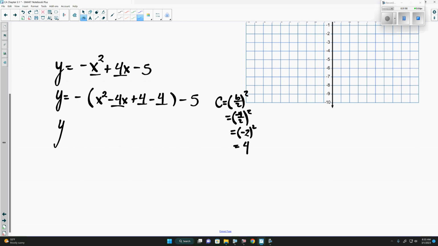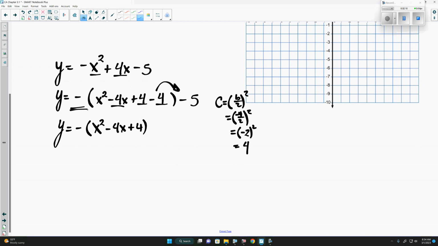Now, we do need to get this 4 back out, which is going to leave us with just x squared minus 4x plus 4. But again, when I move that number out, I've got to multiply it by whatever's in front of the parentheses, which in this case is just negative 1.